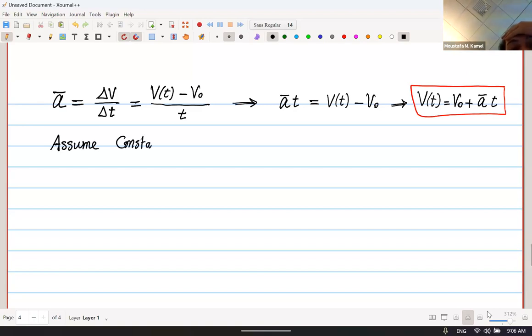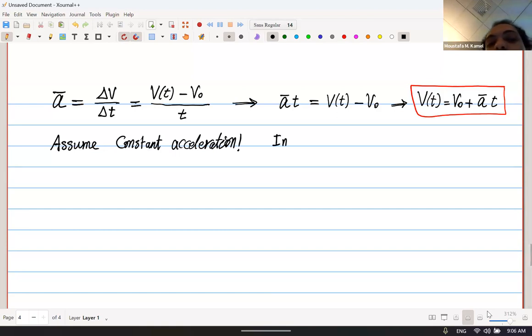Assume constant acceleration. And what that means is instantaneous acceleration is just the same as average acceleration, right? Because acceleration is not changing, it's constant.